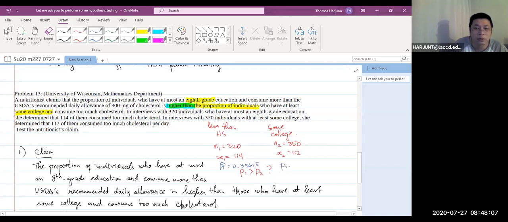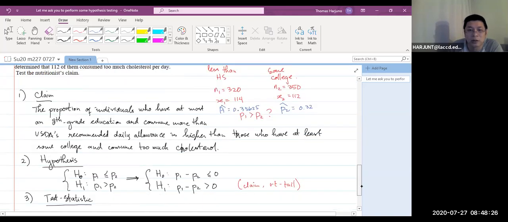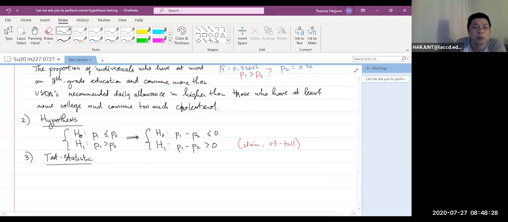But p2 hat is 112 over 350, that's 0.32. It's only a 3.6 something percent difference. Now the thing is, is that 3 point something percent difference big enough?